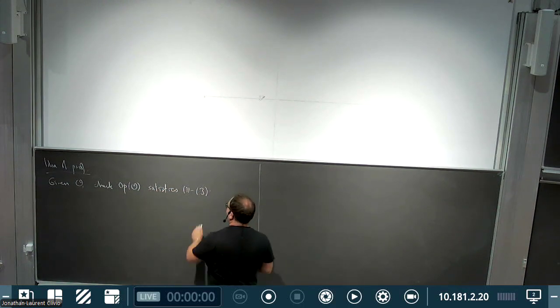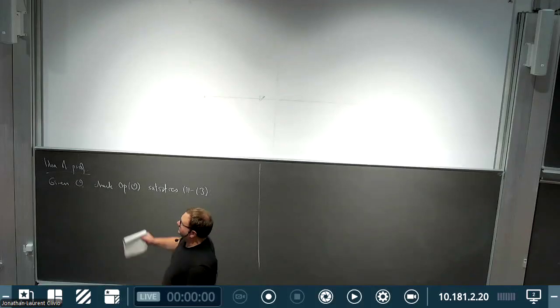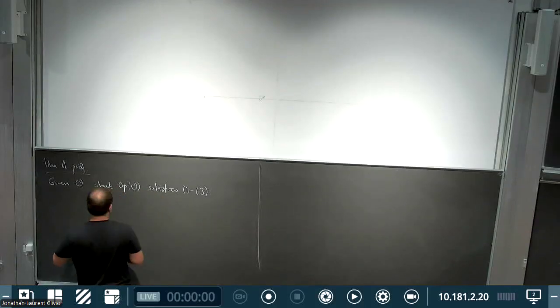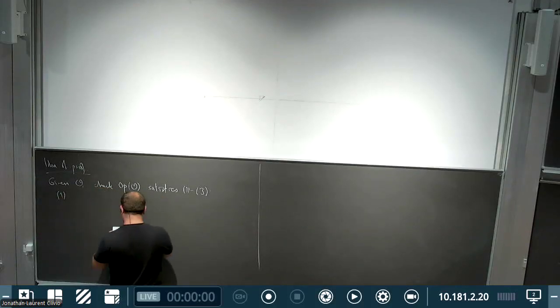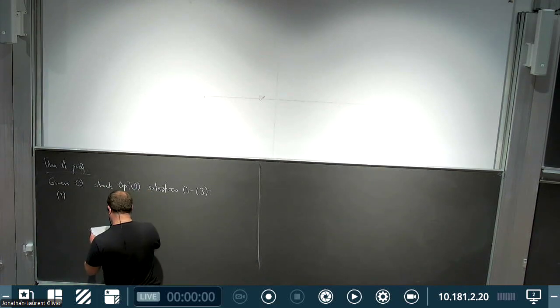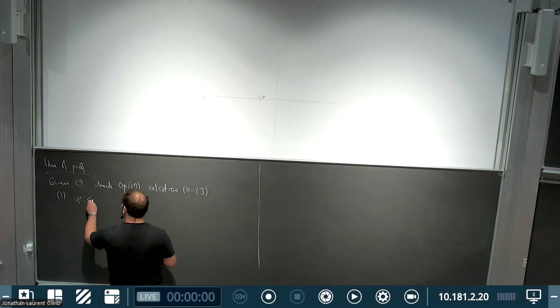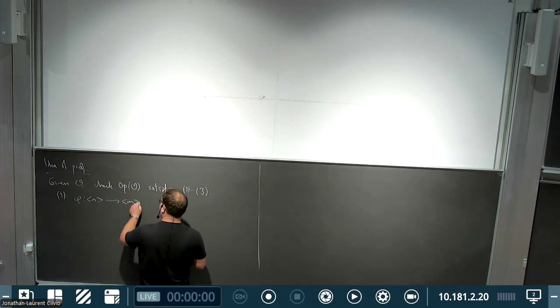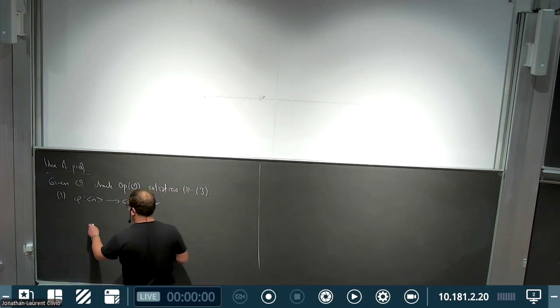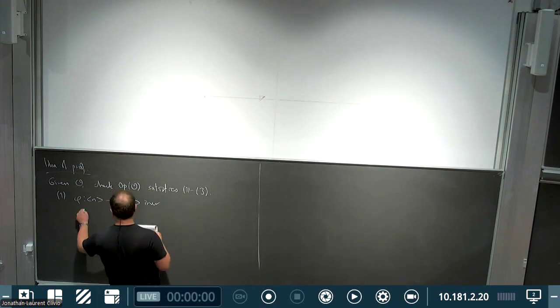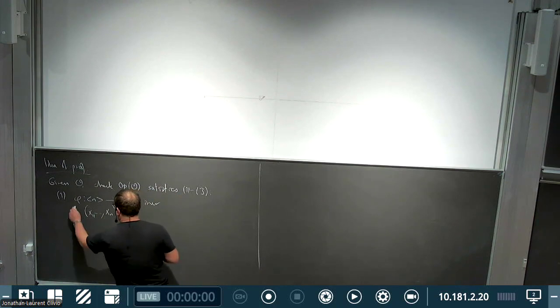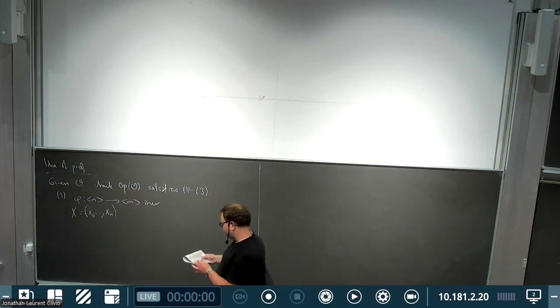So, we want these coCartesian morphisms. At point 1, we want to check that. Let's say I have some map φ from n to m, and I have some X in the fiber over m, in my operad.